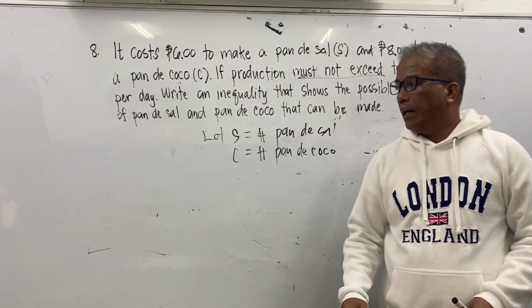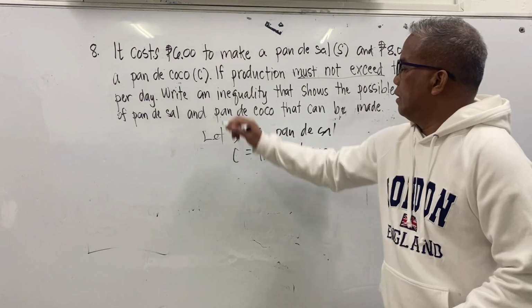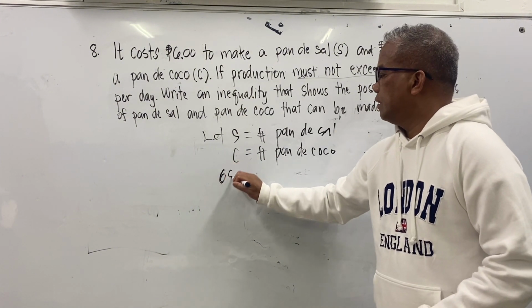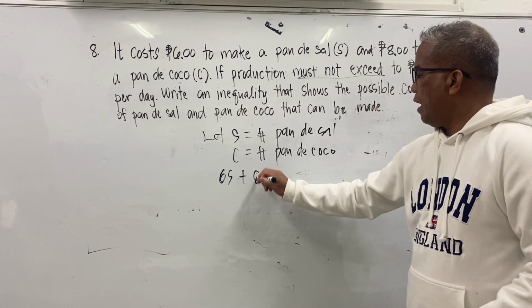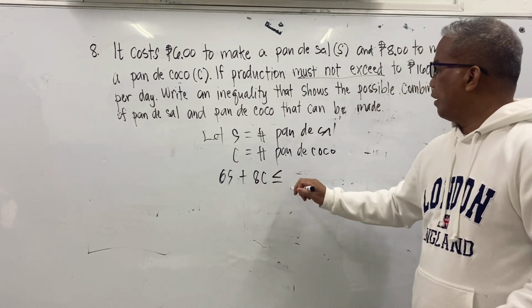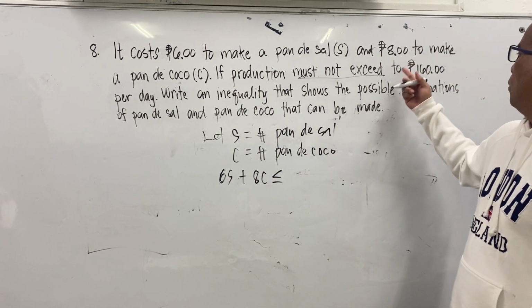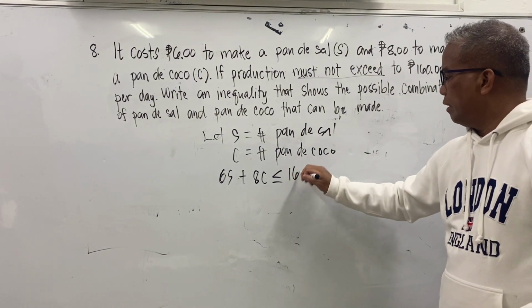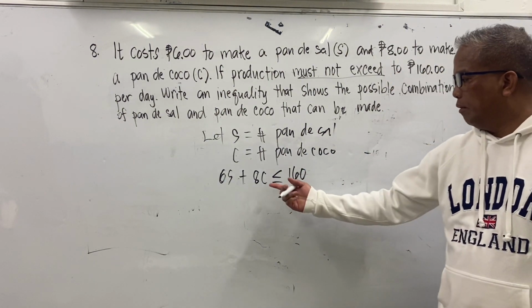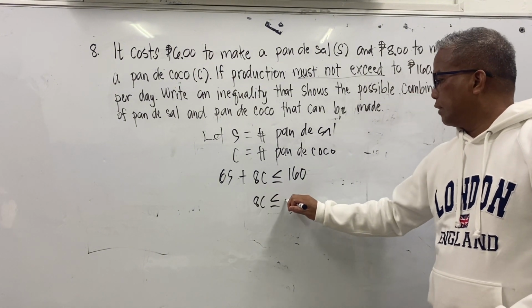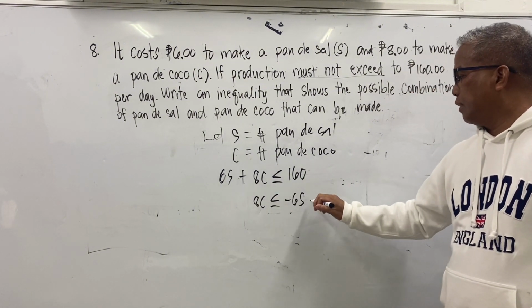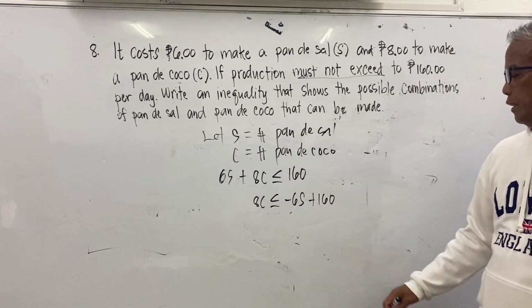Now, the inequality will be 6S plus 8C less than or equal to 160 pesos. Solving this one for C, we have 8C less than or equal to negative 6S plus 160.